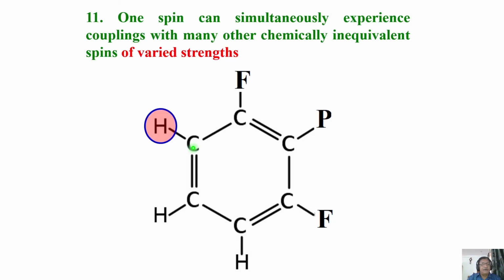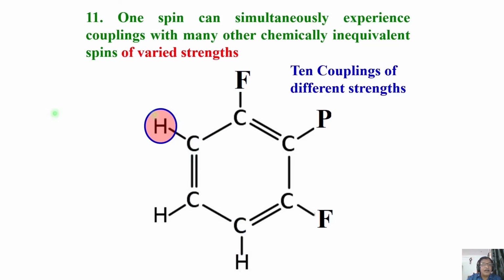Take for example this proton. It can have a coupling with this carbon. It can also have coupling with this carbon, a 2-bond coupling. It can have a 3-bond coupling with fluorine, a 4-bond coupling with this carbon, a 4-bond coupling with this proton, phosphorus, a 4-bond coupling with this carbon, a 5-bond coupling with this fluorine, a 3-bond coupling with this proton, and a 4-bond coupling with this carbon, and a 4-bond coupling with this proton.